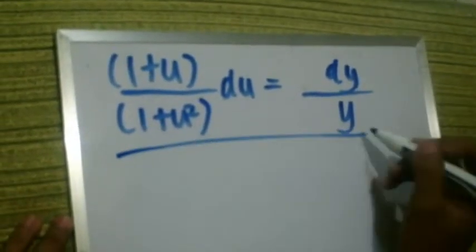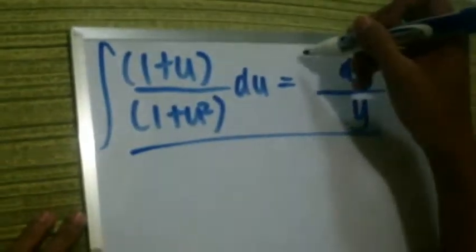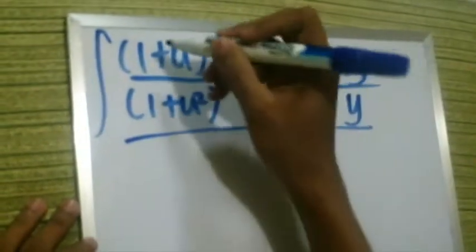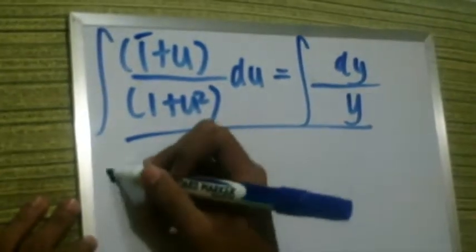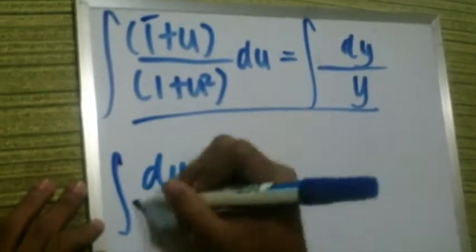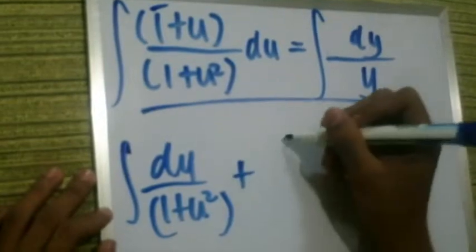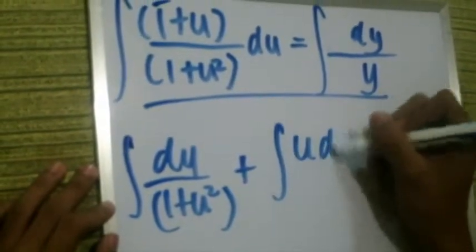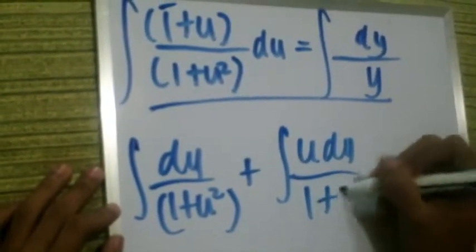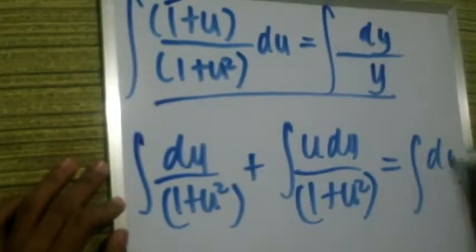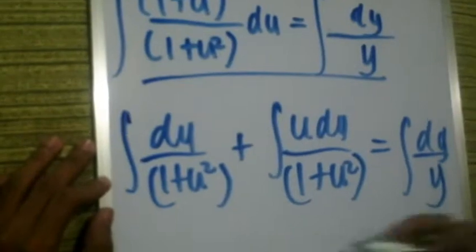From here, we integrate both sides, so it would be easier if we separate these two. That is du over 1 plus u squared plus u du over 1 plus u squared equals dy over y.